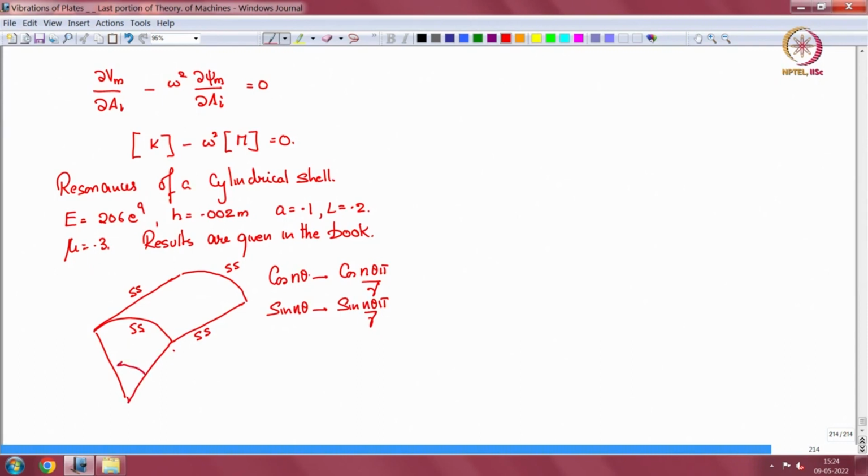You measure theta in this way. Then the set of modes will now satisfy the simple support conditions on all 4 sides.